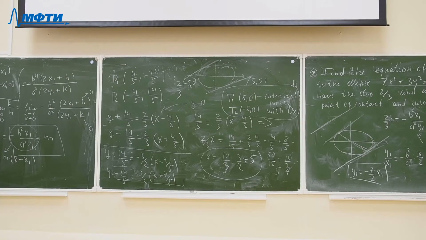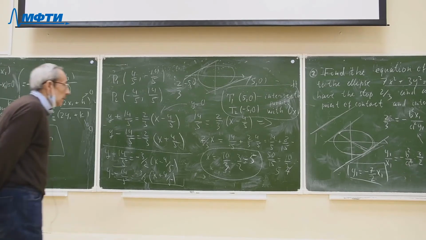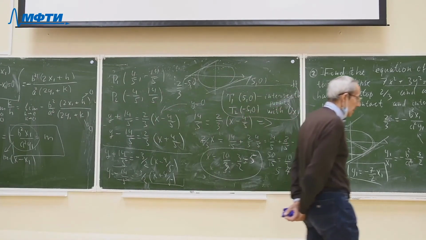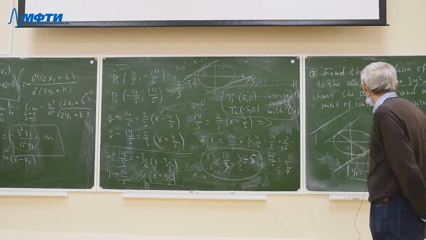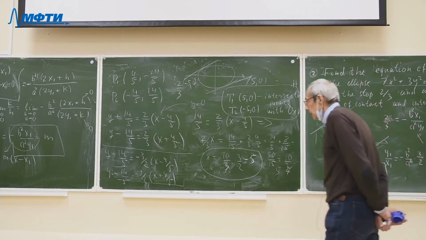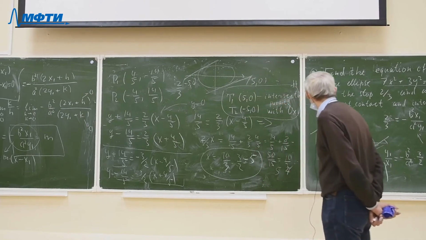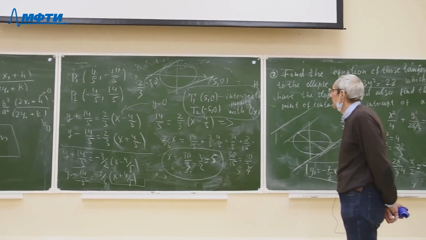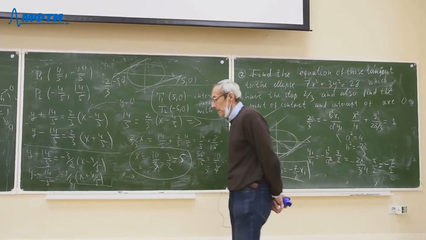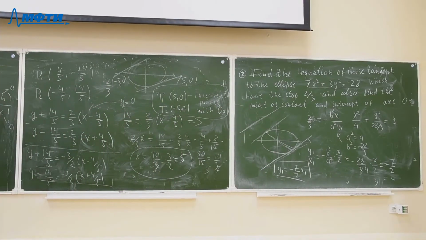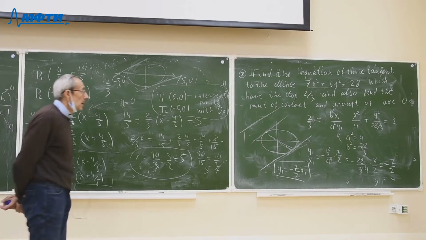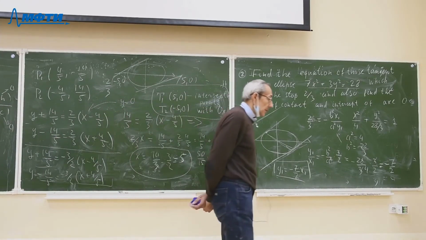Okay. Also an easy task. But in this case, we need to find the point of contact. We have the exact value of slope and try to find the point of contact. We can see that these points are not defined uniquely.